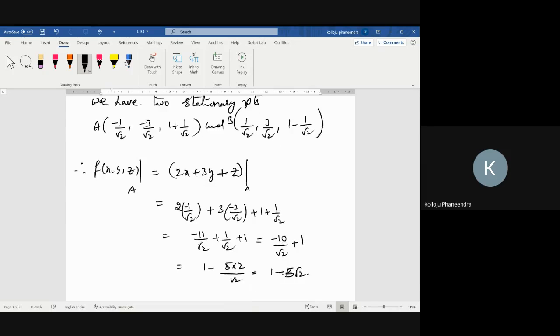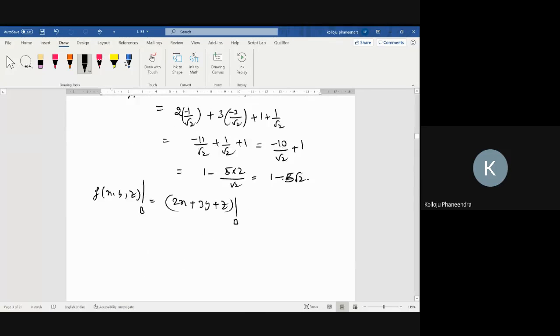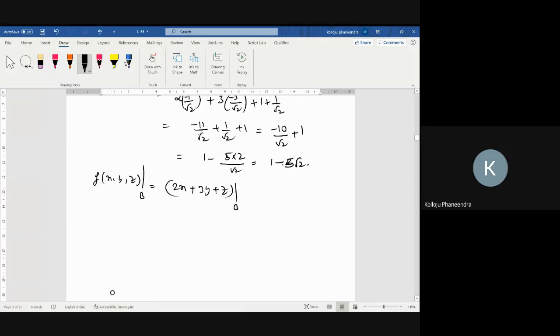This is one value. And same logic, f of xyz at b, that is 2x plus 3y plus z at b, that is equal to 2 into 1 by root 2 plus 3 into 3 by root 2 plus 1 minus 1 by root 2, right?